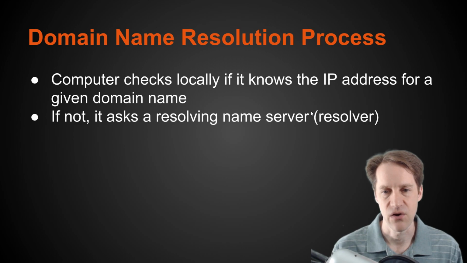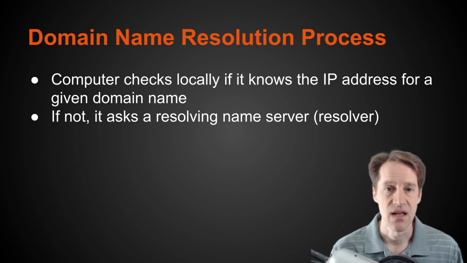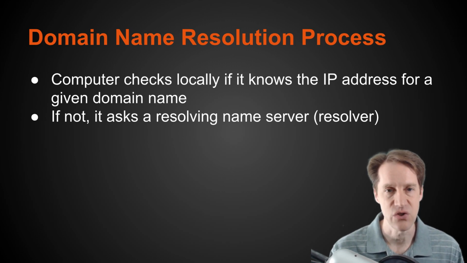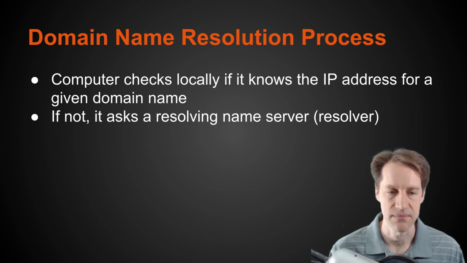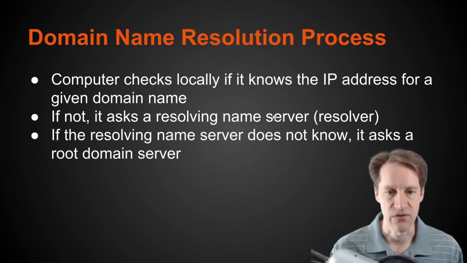It could also be called a resolver or some other name server. It's basically the DNS server that you talk to, to ask questions to translate names into the IP addresses so your computer can actually talk to it, because your computer does use these IP addresses to communicate.